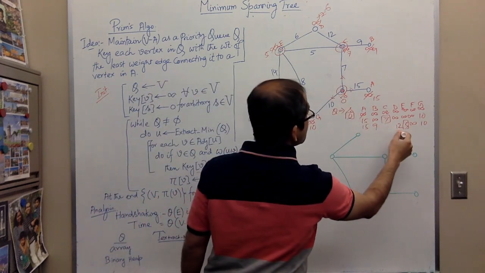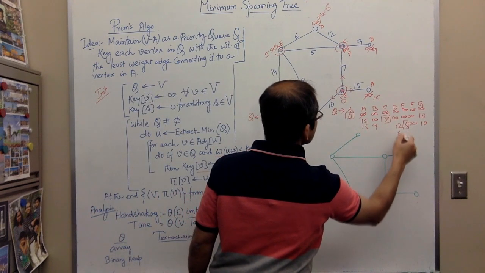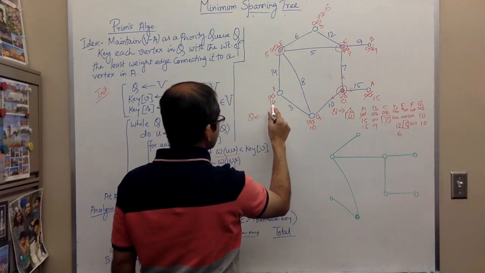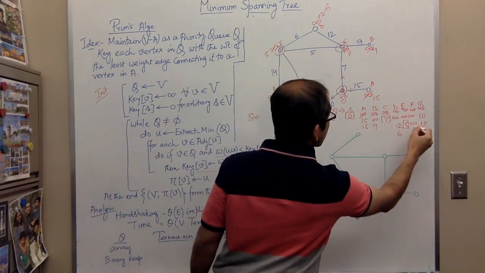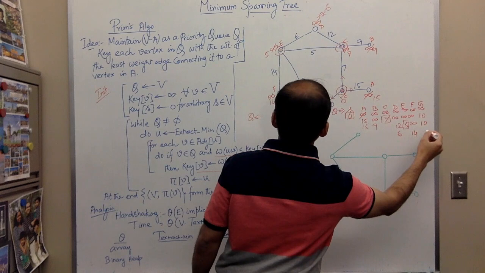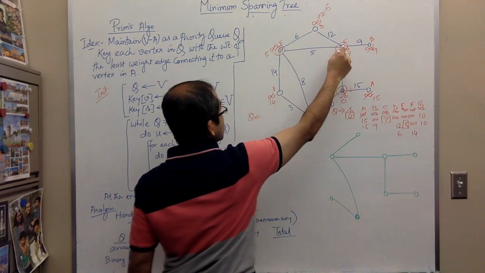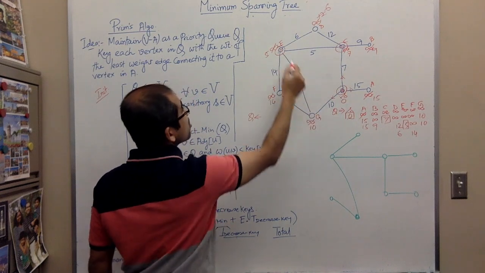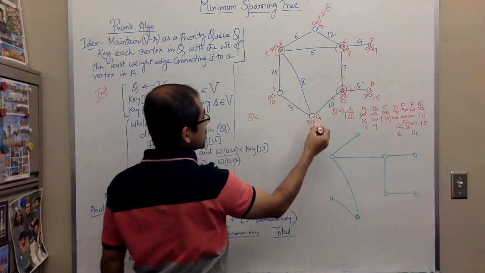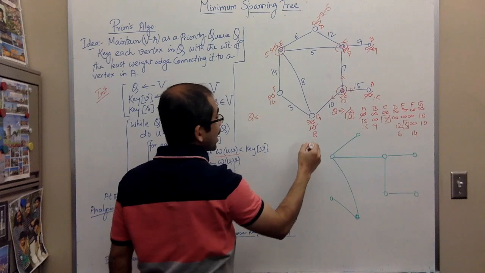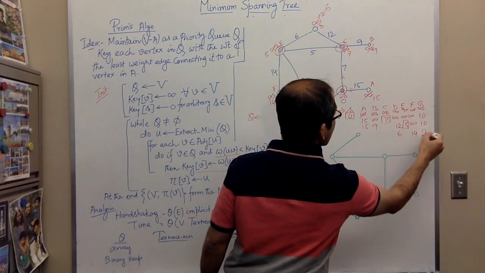So for D, this 12 is changed to 6. For F, this is changed to 14. This is the last infinity, and this is not in the priority queue anymore. And there is one more here, 8. E to G is 8, so we change this 10 to 8. So this 10 is now 8.